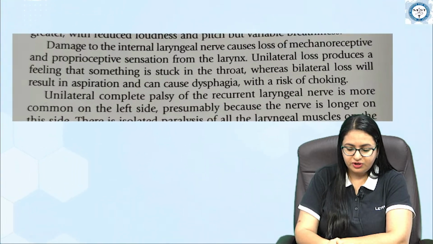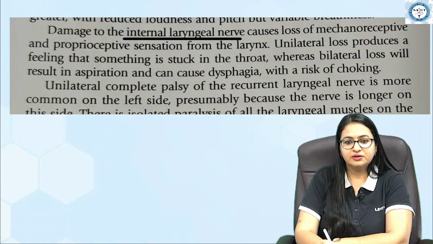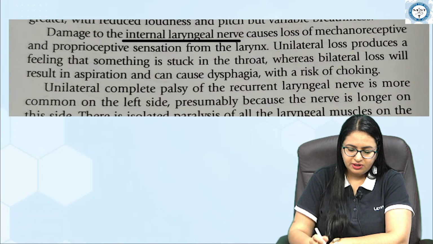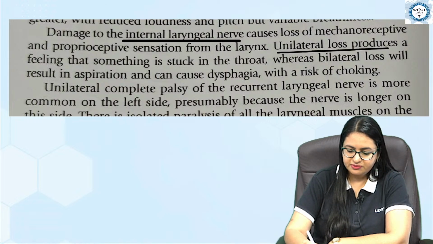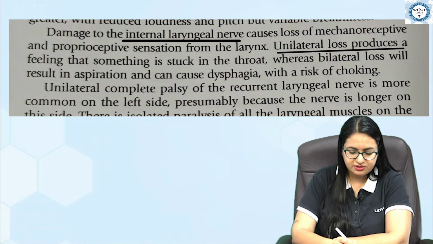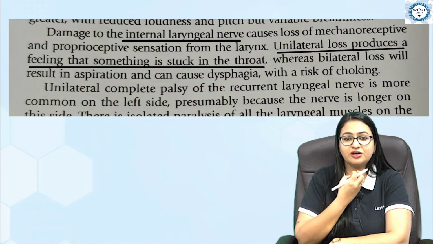Whenever we talk about internal laryngeal nerve injury, what happens? If you read this statement, unilateral loss produces a feeling that something is stuck in the throat, a foreign body sensation.